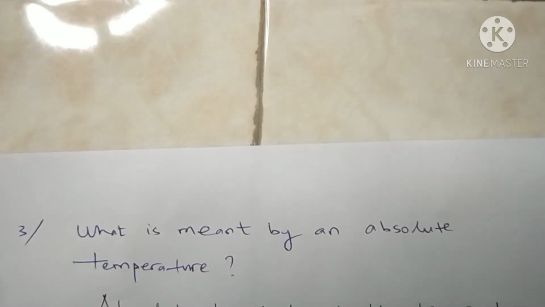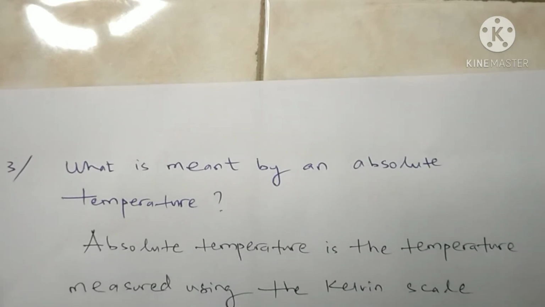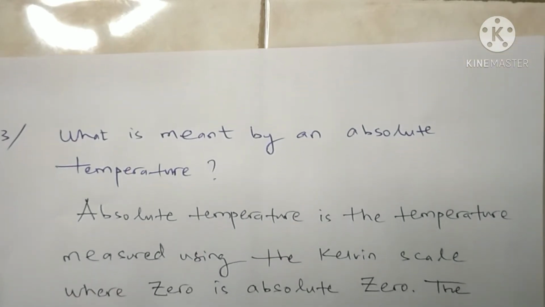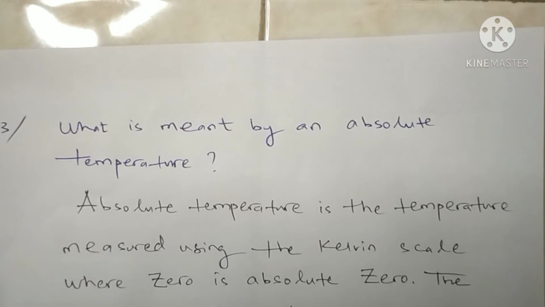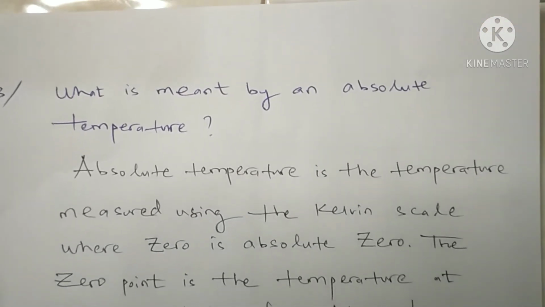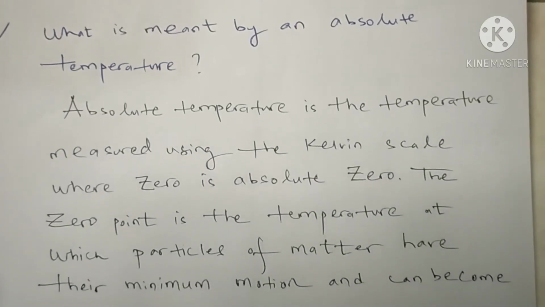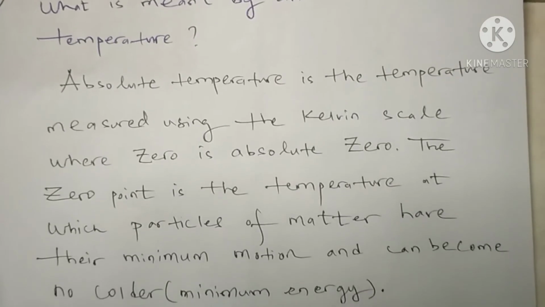And now, what is meant by an absolute temperature? Absolute temperature is the temperature measured using the Kelvin scale, where 0 is absolute zero. The 0 point is the temperature at which particles of matter have their minimum motion and can become no colder, or minimum energy.